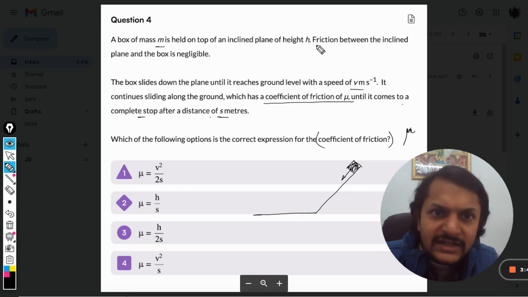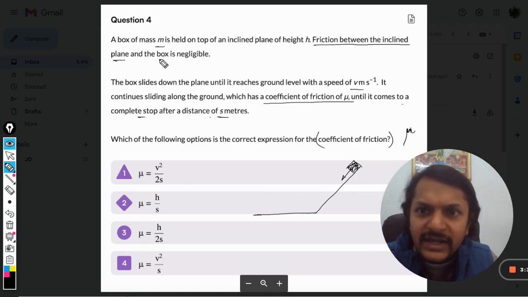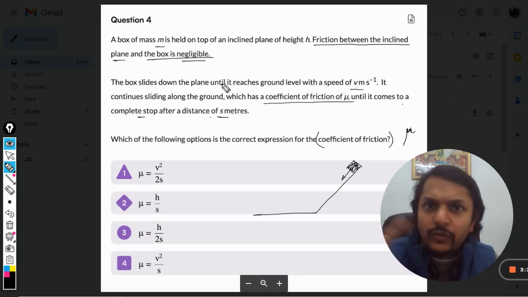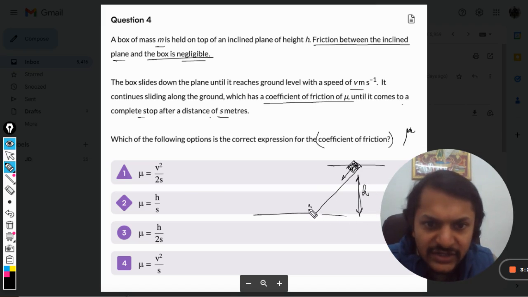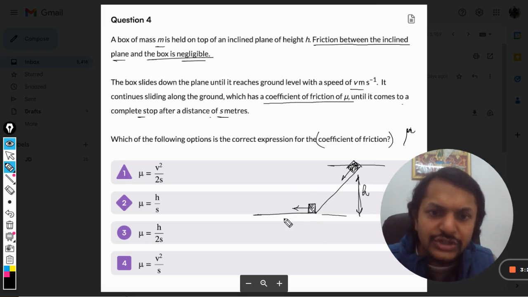So we know that the friction between the inclined plane and the box is negligible, so energy is not wasted anywhere. So you can say that if this distance is h, the potential energy here gets converted into kinetic energy when the box starts its horizontal motion here.